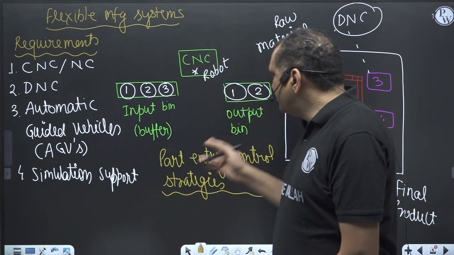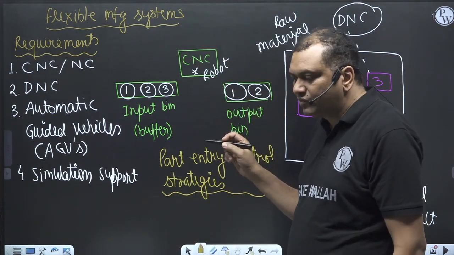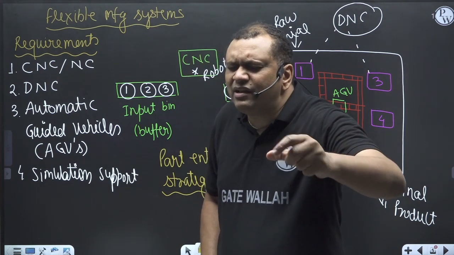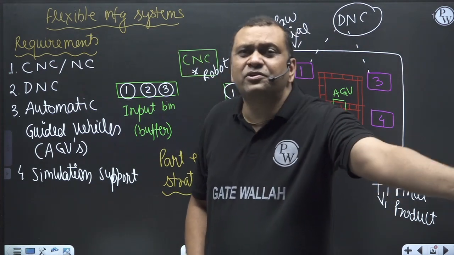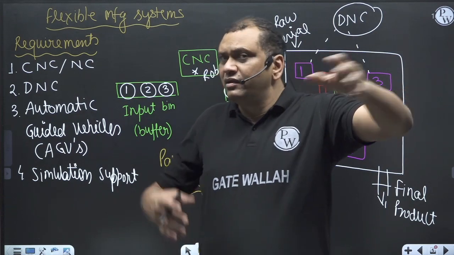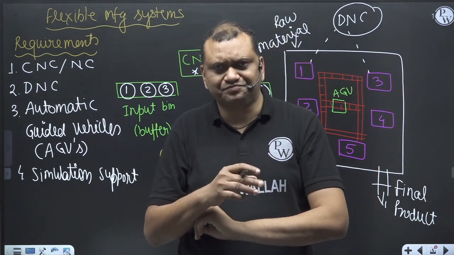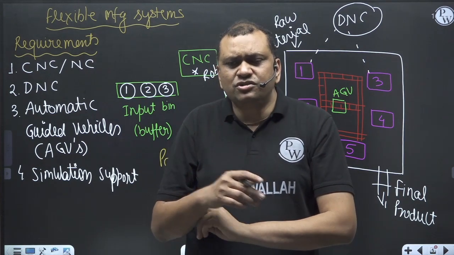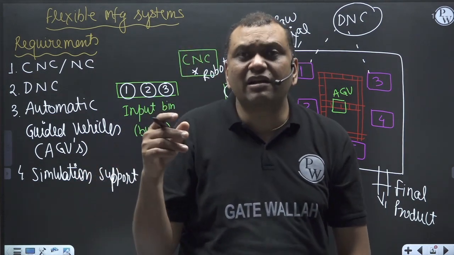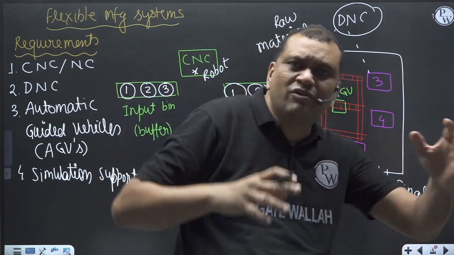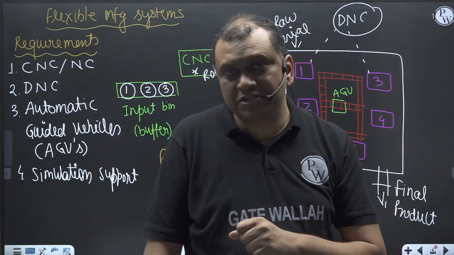Now there is an automatic guided vehicle. Before any raw material is converted into the finished product, it has to go through at least 2-3 machines. So it is called routing, the route a raw material has to follow in any flexible manufacturing system.